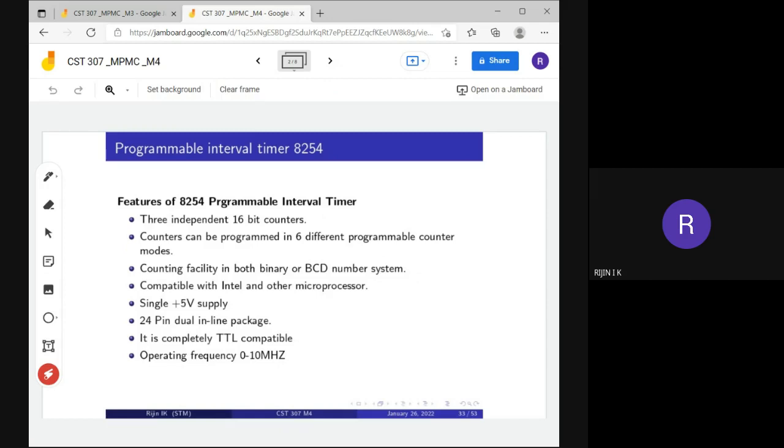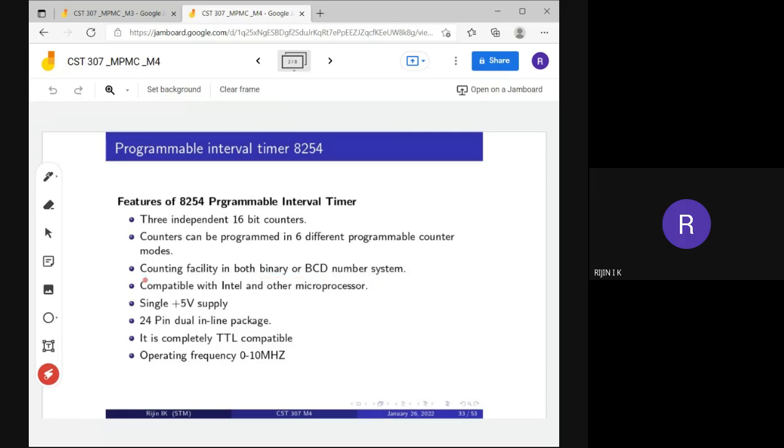As I said, it is having 3 independent 16-bit counters, and each counter can be programmed in 6 different counter modes, and it can count both binary and BCD numbers.